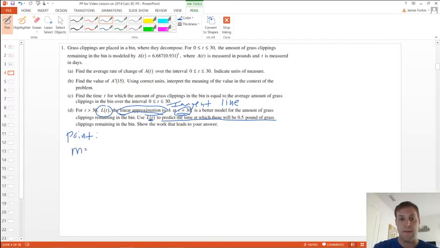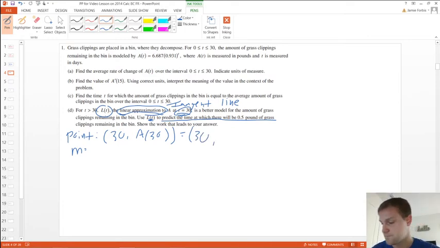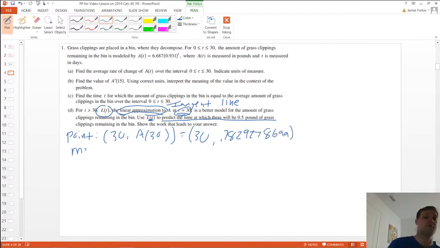My point is at time 30, so that's 30 comma whatever A of 30 is. Which again, I typed into my function in my calculator, and I got the point 30 comma 0.7829278699, and I don't feel comfortable rounding until the very end, so I've just left it like that.